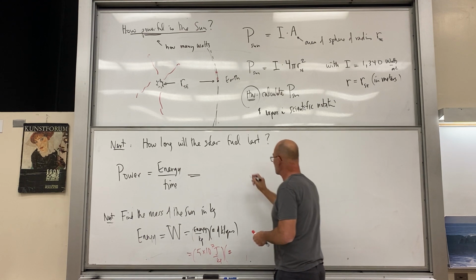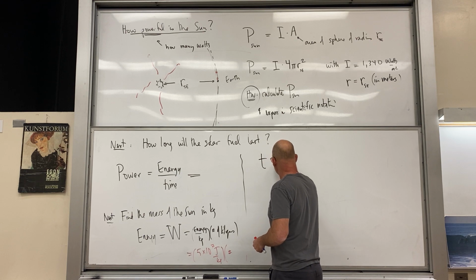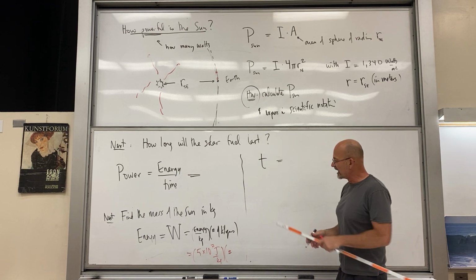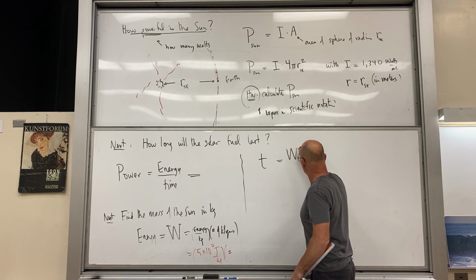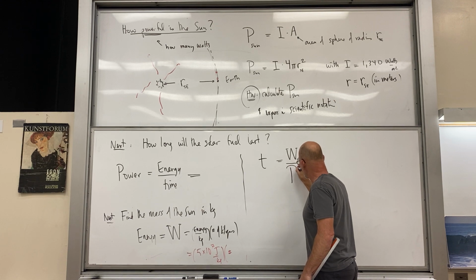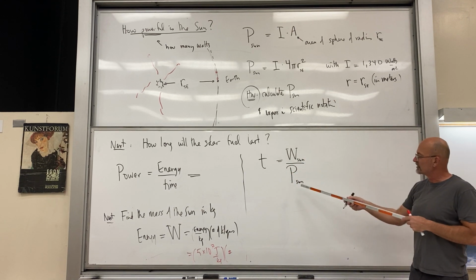So here's our formula. Time t is going to equal the energy, which I'm calling capital W, energy of the sun, divided by power of the sun. Time is the energy divided by power.